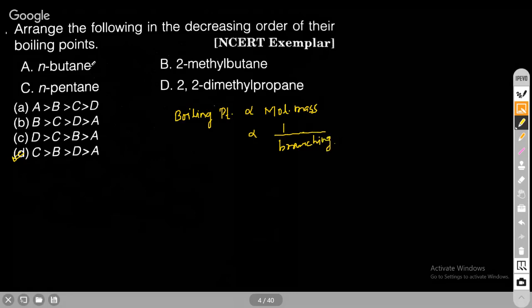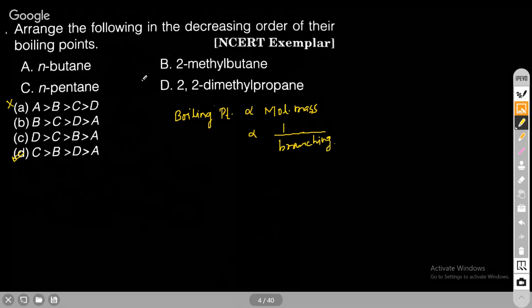Correct? So first of all, we have pentane and butane. So obviously pentane will have a higher boiling point than butane. So C is greater than A. Right? This option is not possible. A is greater than C we have here. Now we have 2,2-dimethyl propane, which is nothing but an isomer of pentane only. What kind of relation do we have between C and D? Can you tell me?